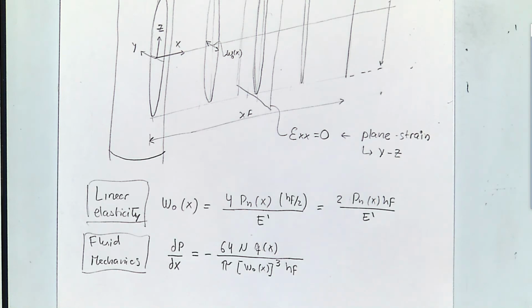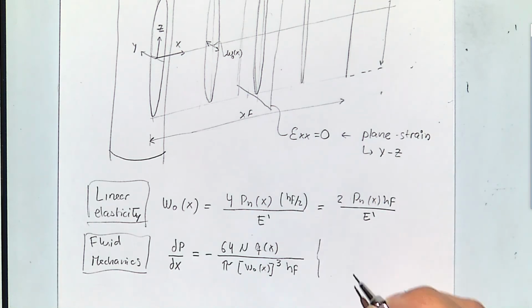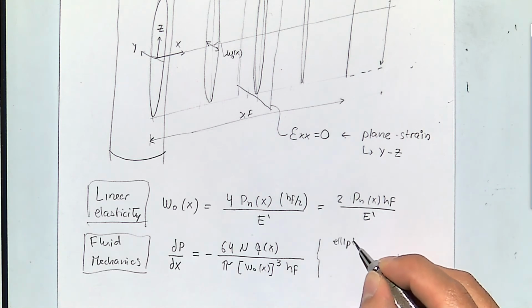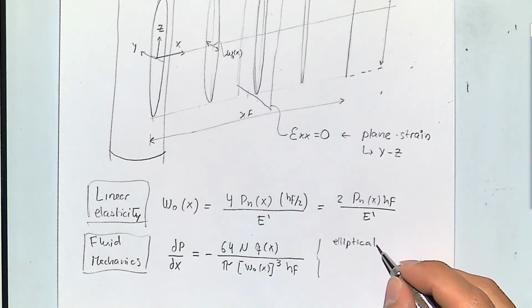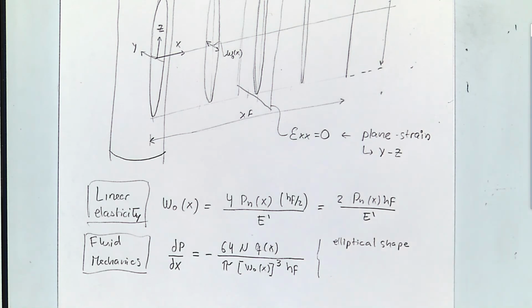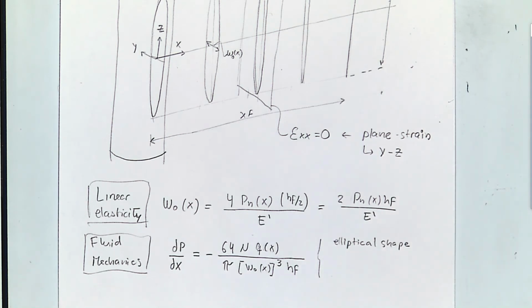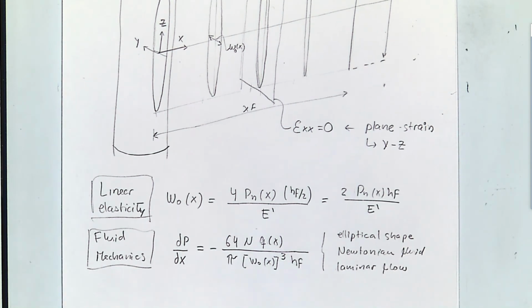So again, for this one, this is flow through, you can think as through a pore or through a cavity of elliptical shape, and with Newtonian fluid flow, and assuming that there is no turbulence, so it's laminar. This is just an equation of fluid mechanics.